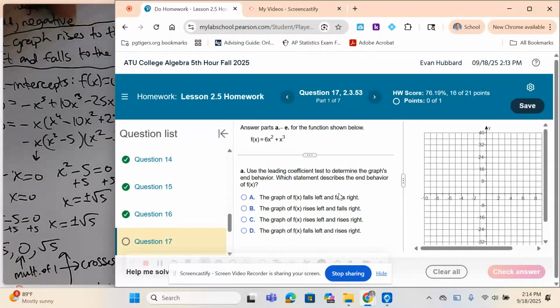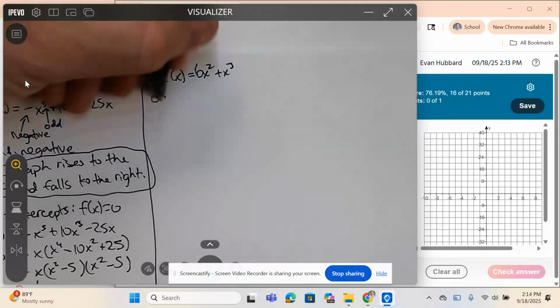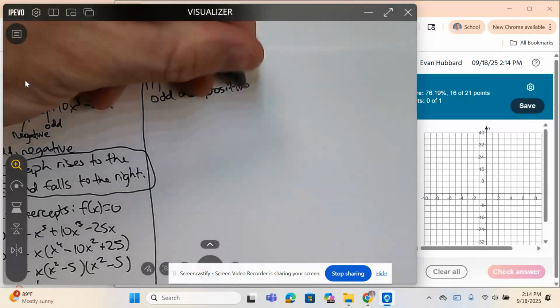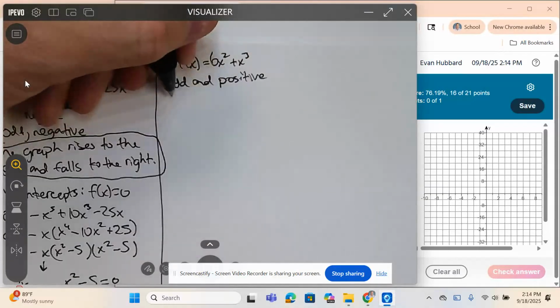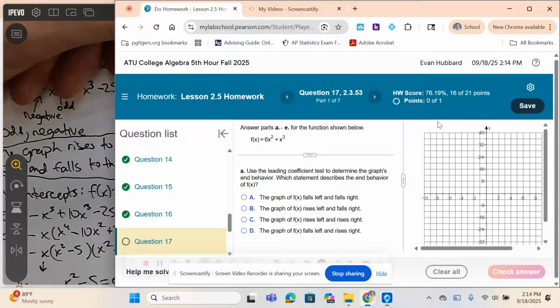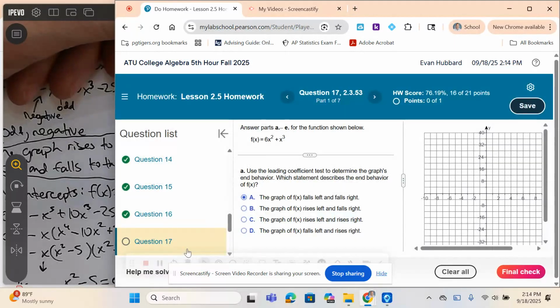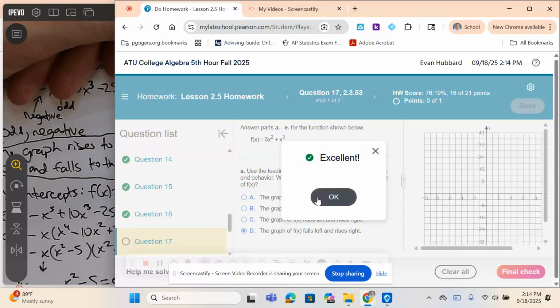So this one is odd and positive, so it's going to fall to the left and rise to the right. Sorry about that. Falls to the left and rises right. I apologize about that. Didn't read that well.